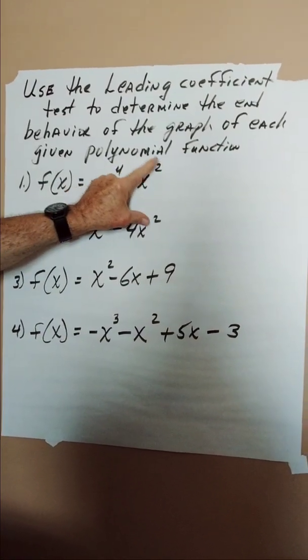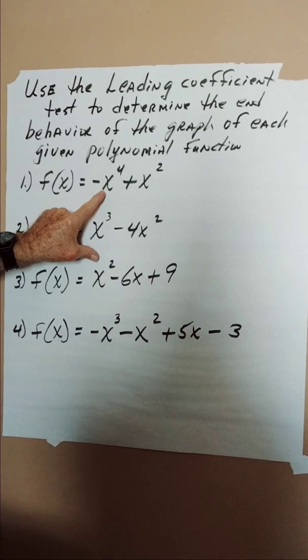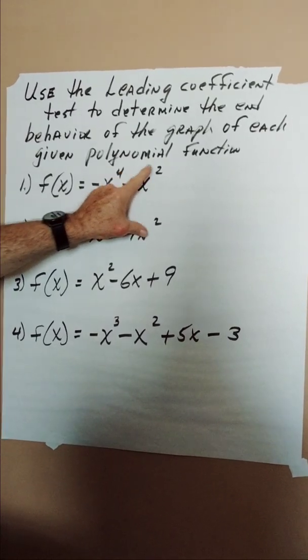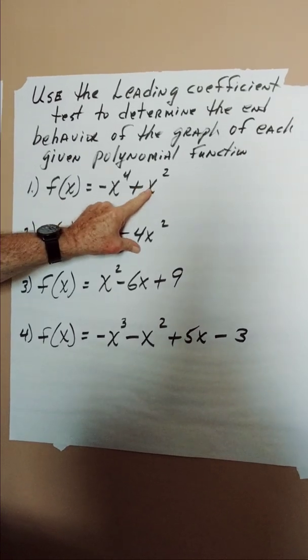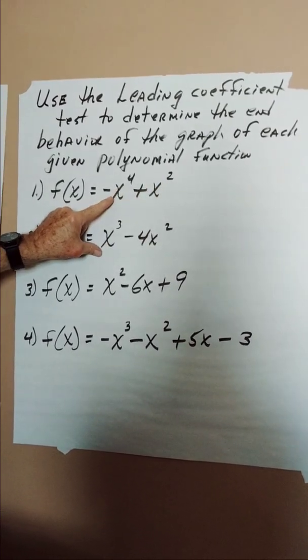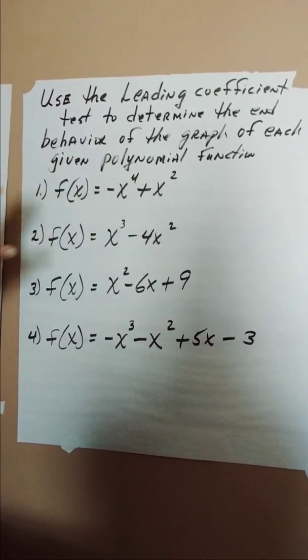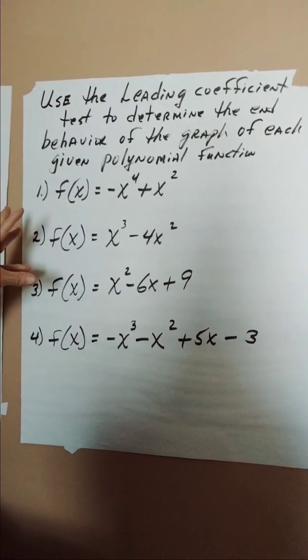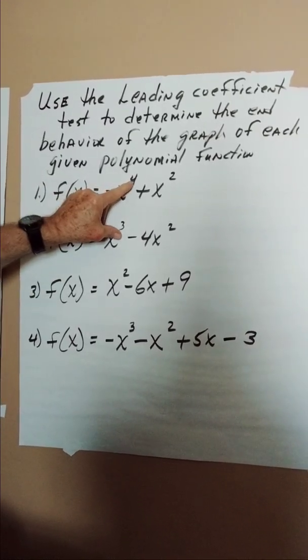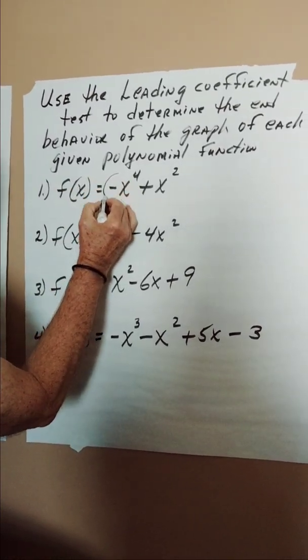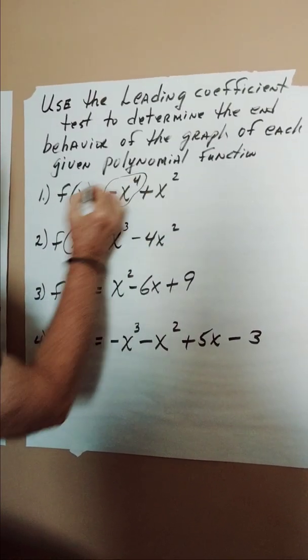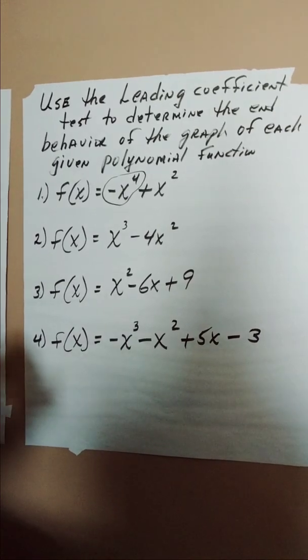You find the lead term. Now make no mistake about it, this is not much of a polynomial right here. We've got a binomial. The degree of that term is 2. The degree of this term is 4. The greatest degree of any one of its terms is the degree of 4. Therefore, this is our leading term, a negative 1x to the 4th.